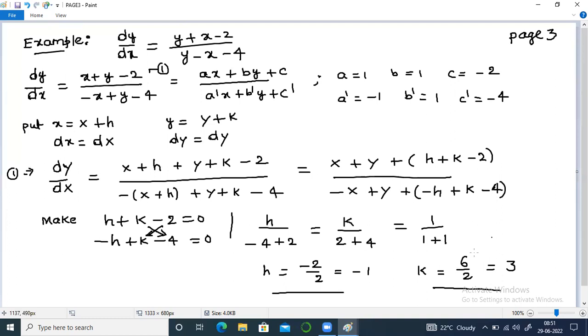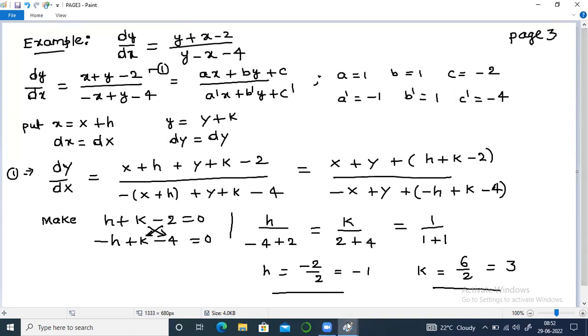These are the two values that satisfy these two equations in the brackets to make the bracket terms become 0. If they are 0, then the equation becomes dY by dX is equal to capital X plus capital Y by minus capital X plus capital Y. That's it. These terms become 0.